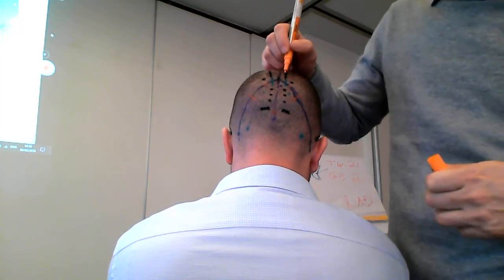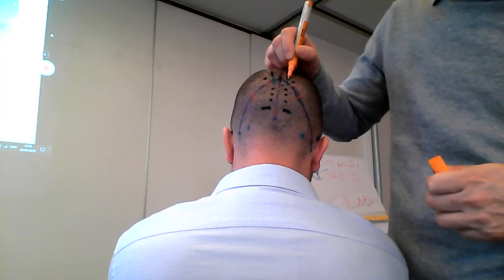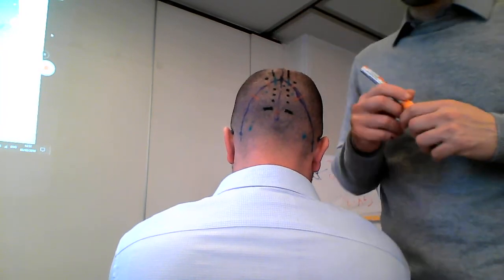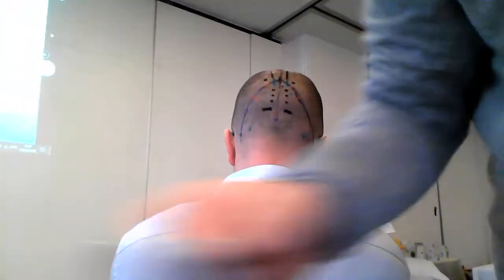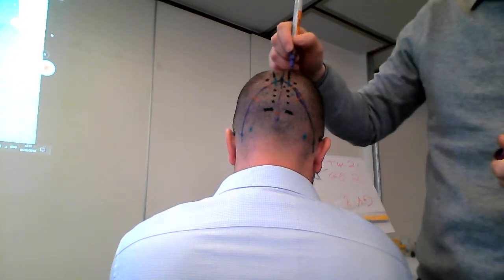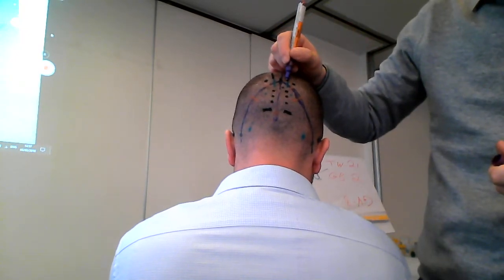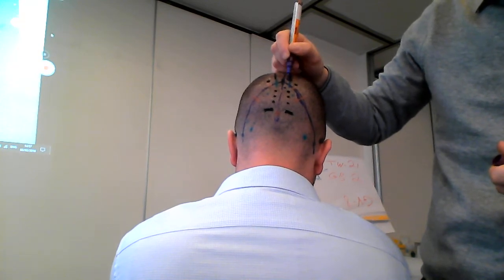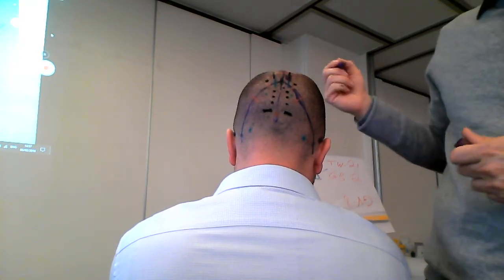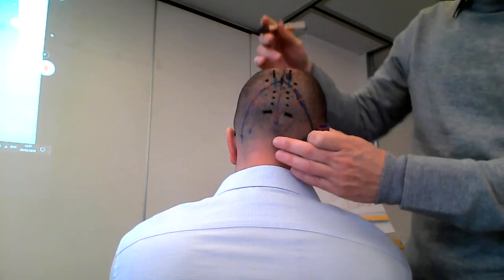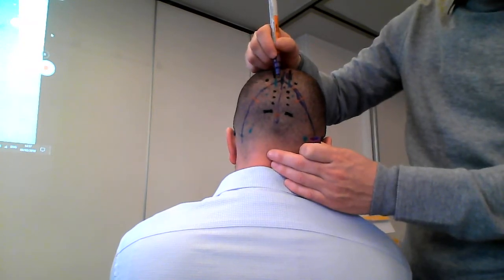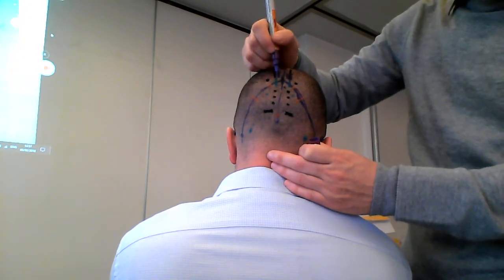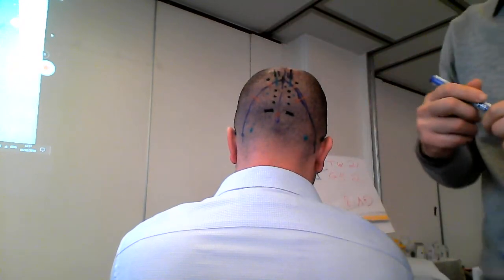Okay. Now you have the cerebrum and the cerebellum. So this area will be the cerebrum, and this will be the cerebellum. Okay? And then you have the basal ganglia in between.